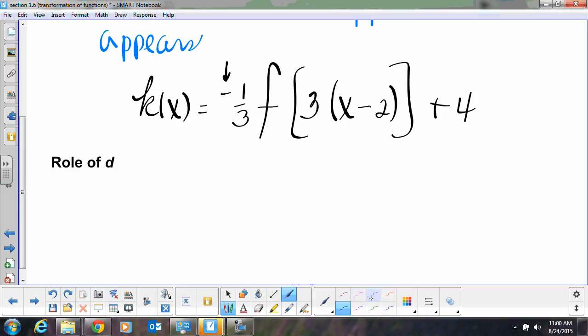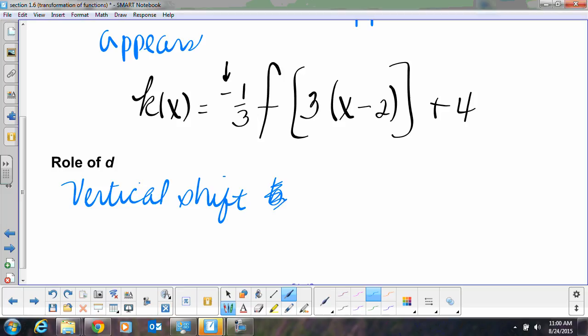So now what is the role of D? This is a vertical what? Shift by a factor of, no, shift by what? What do we make that? D units.